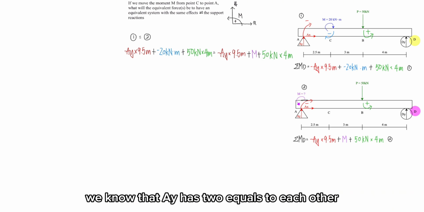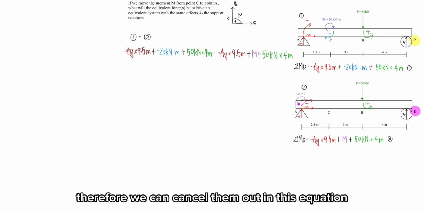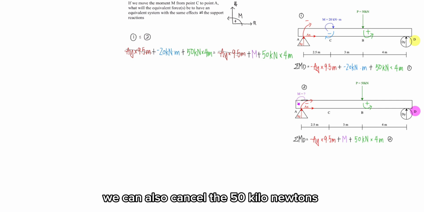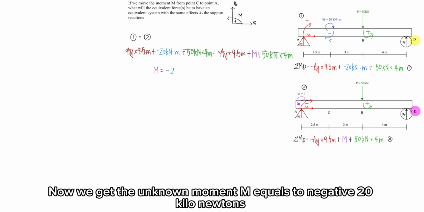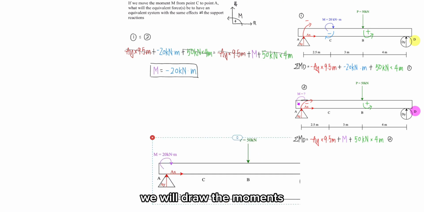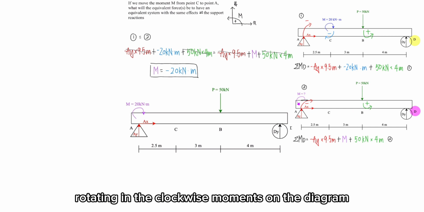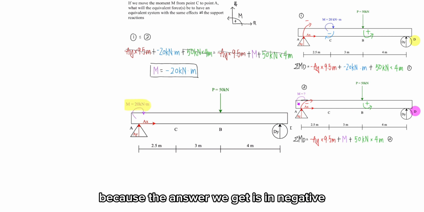We know that AY has to be equal on both sides, therefore we can cancel them out in this equation. We can also cancel out the 50 kilonewtons multiplied by 4 meters because they exist on both sides of the equation. Now we get the unknown moment M equals negative 20 kilonewton meters. We will draw the moment rotating clockwise on the diagram because the answer we get is negative.